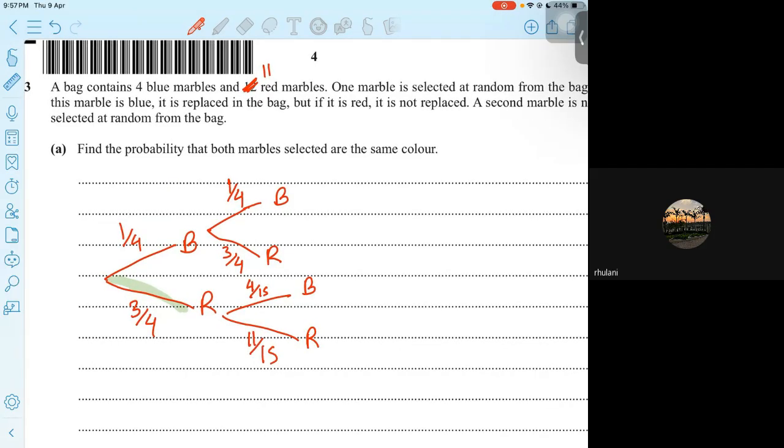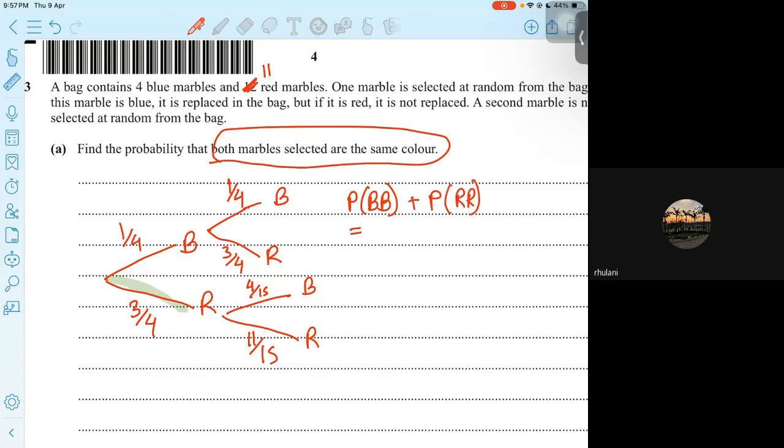Since the question says that they have to be the same color, that basically means P of B and B plus P of R and R. So that is 1 over 4 into 1 over 4 plus 3 over 4 into 11 over 15 into 11 over 15.